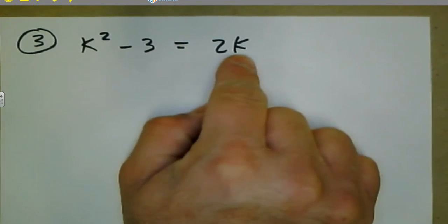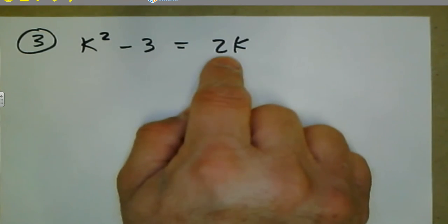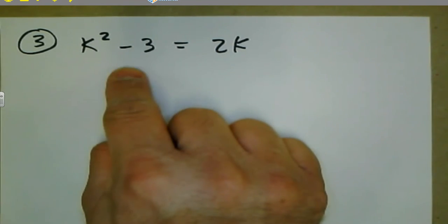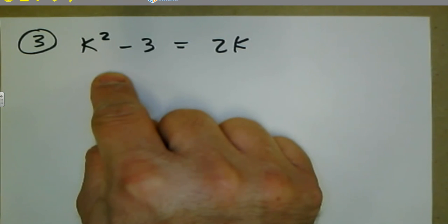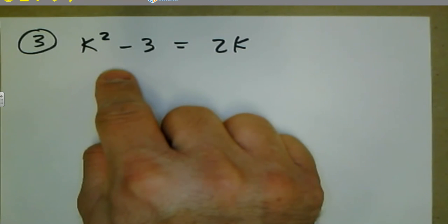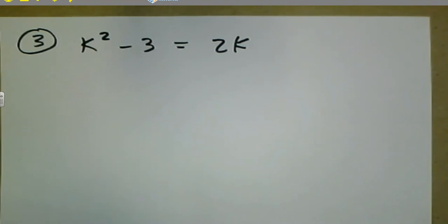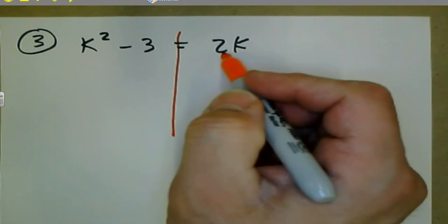By the way, some of you math-minded people, what happens to that 2K? If I take this and put it over here on the other side of the equation, what does it become?